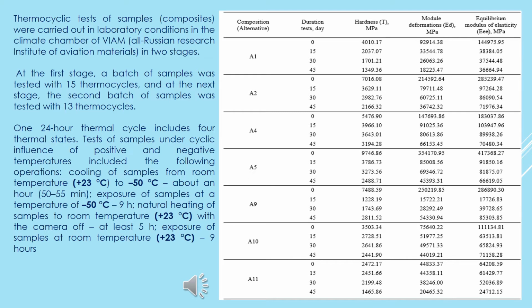Exposure of samples at a temperature of minus 50 degrees Celsius, 9 hours. Natural heating of samples to room temperature plus 23 degrees Celsius in the chamber, at least 5 hours. Exposure of samples at room temperature plus 23 degrees Celsius, 9 hours.